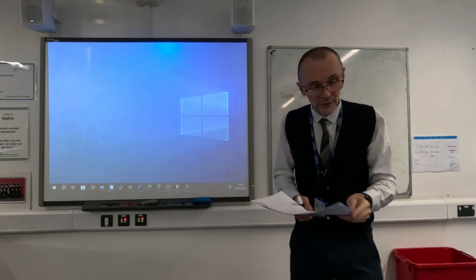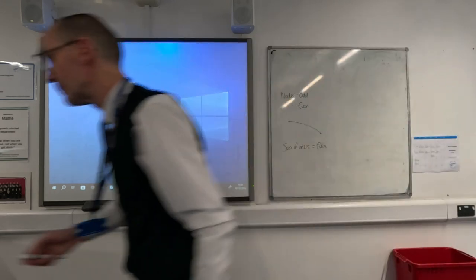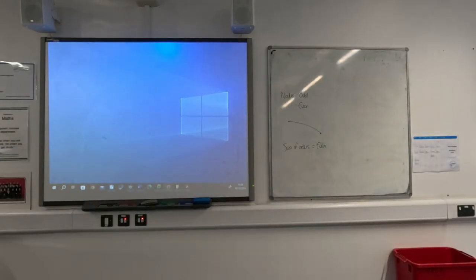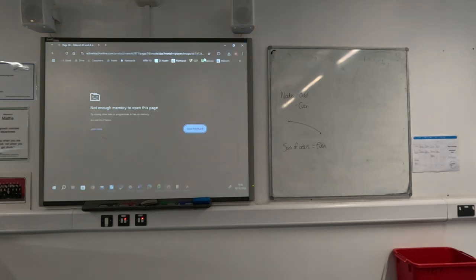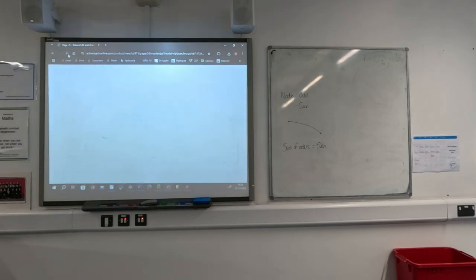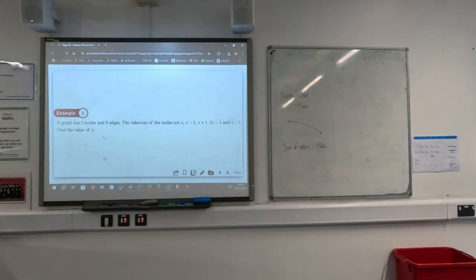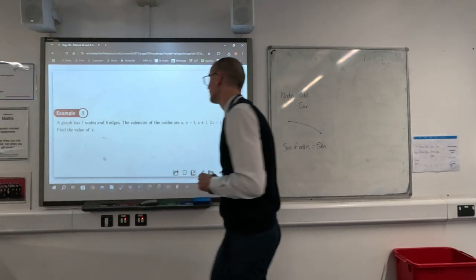And this presents us with the opportunity to answer some questions. So, for example, here is a question. A graph, that's a network as I think of it, has 5 nodes and 8 edges.